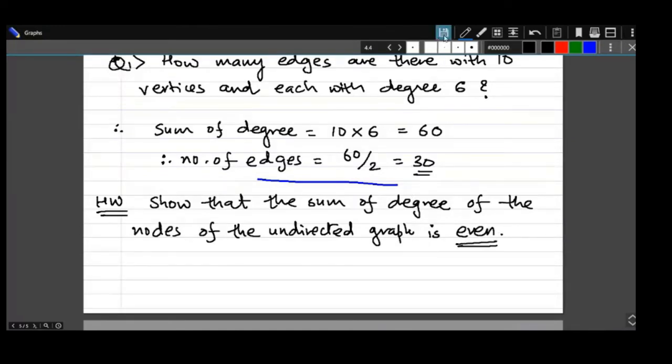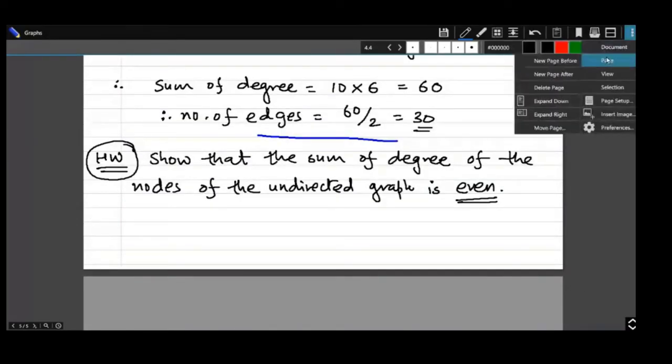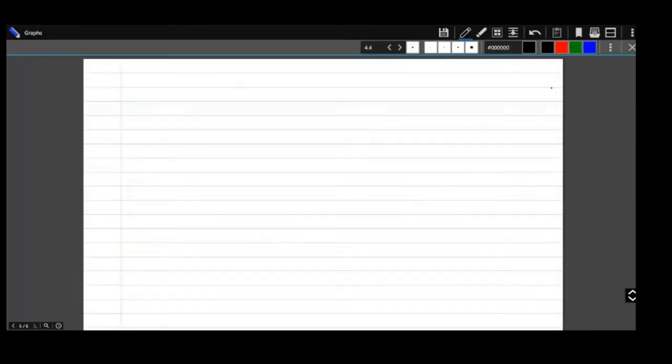Got it? You can solve it as homework, so that the sum of the degrees of the nodes of an undirected graph is always even. Okay, good. Now we'll have one more theorem.